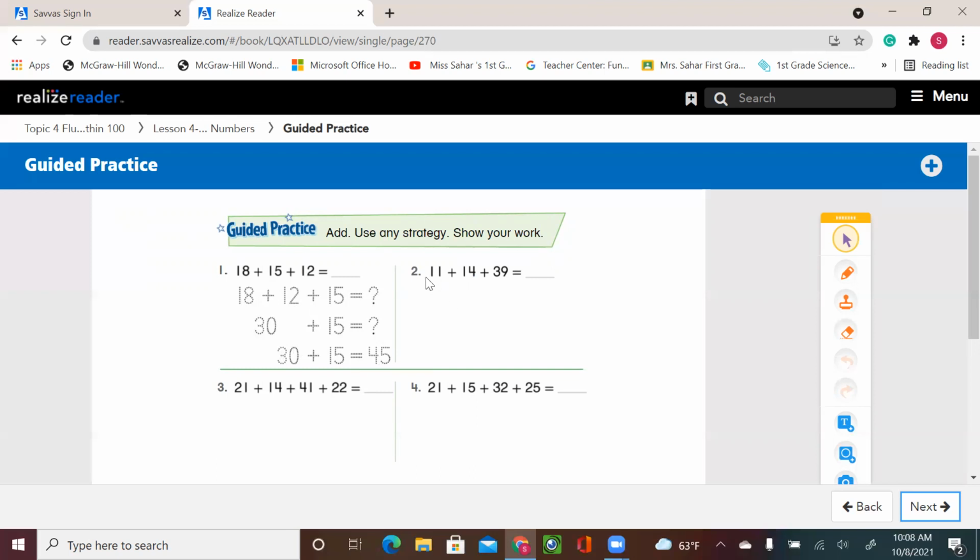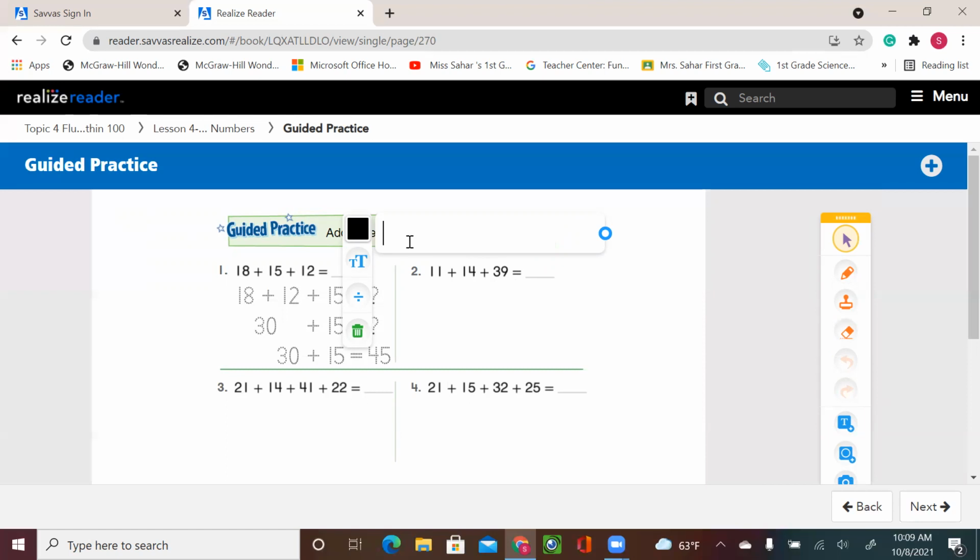Okay, we have here number 2, 11 plus 14 plus 39. So what to do? I know I can make it easy for myself to add if I change the order of the addends to make 10. So let's see what we have. All right, so 11 plus 14 plus 39.